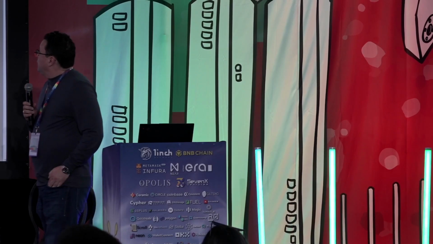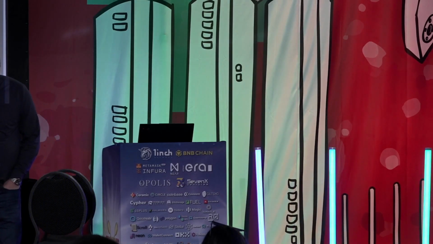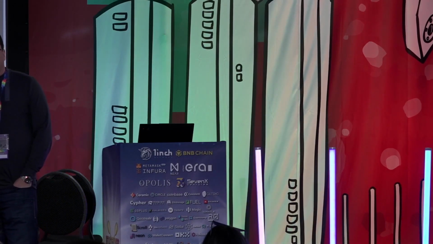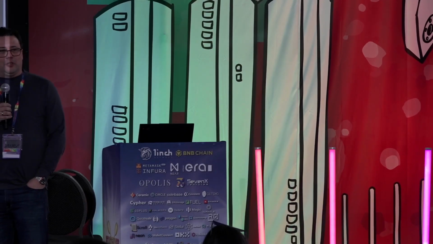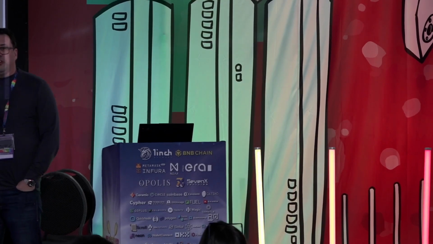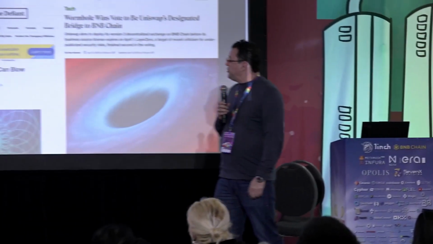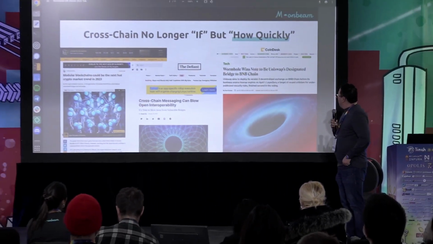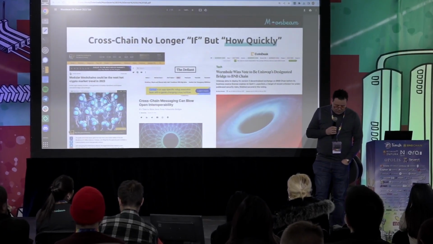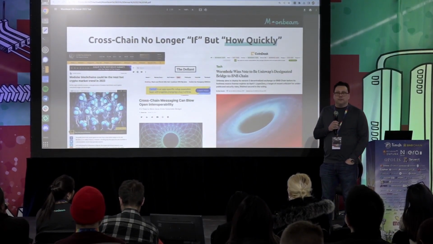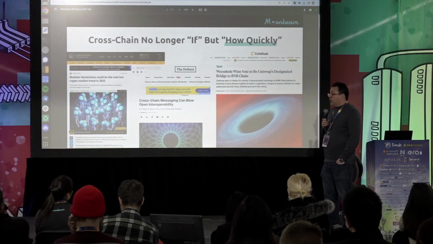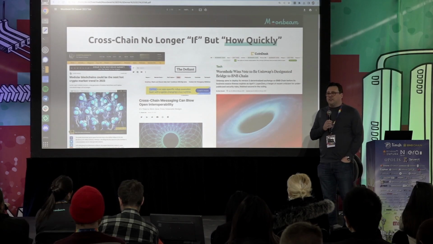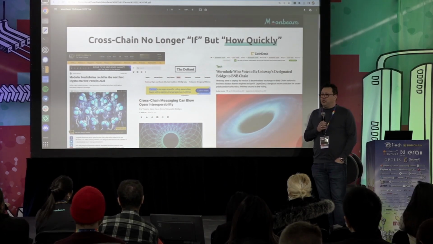So just starting out, when we talk about cross-chain, we've been working in this area for some years now. It's really not a question of if, but just how quickly this is going to happen. And I'll point you guys to, you may have seen recently that there was an important governance vote in the Uniswap community, right? So Uni token holders were voting on what system to use to pass messages from Ethereum mainnet to BNB chain.